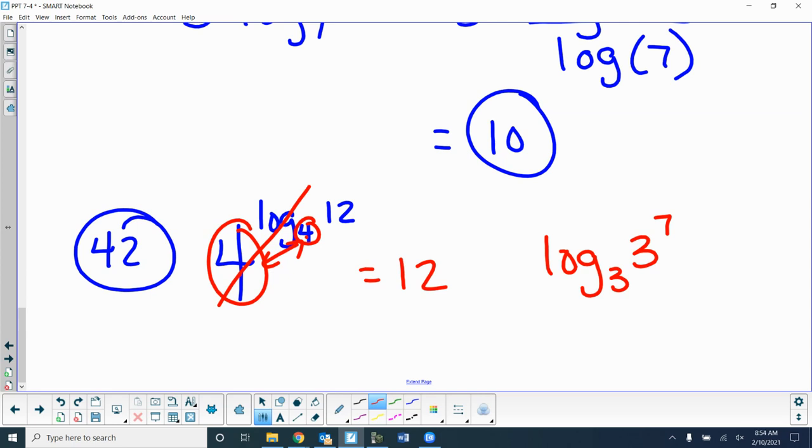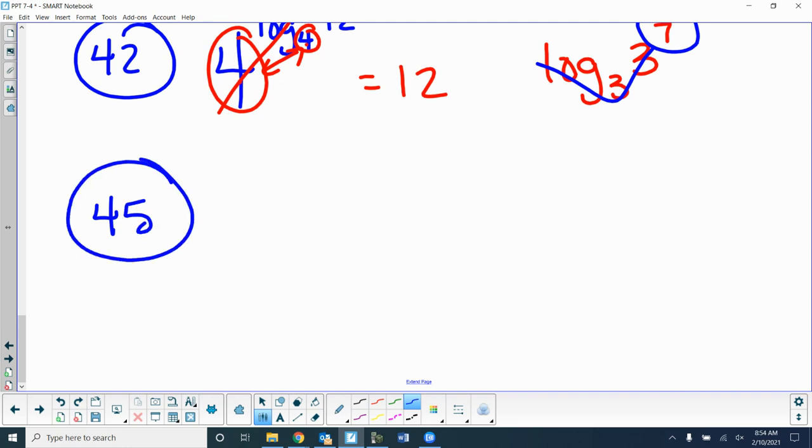If the base of the log and the base here are the same, then they cancel. And it's just whatever that is, okay? You don't have to type it in, or take the 7 out front and multiply. That's like a sight problem where you should be able to tell me the answer by looking at it. Does that make sense?